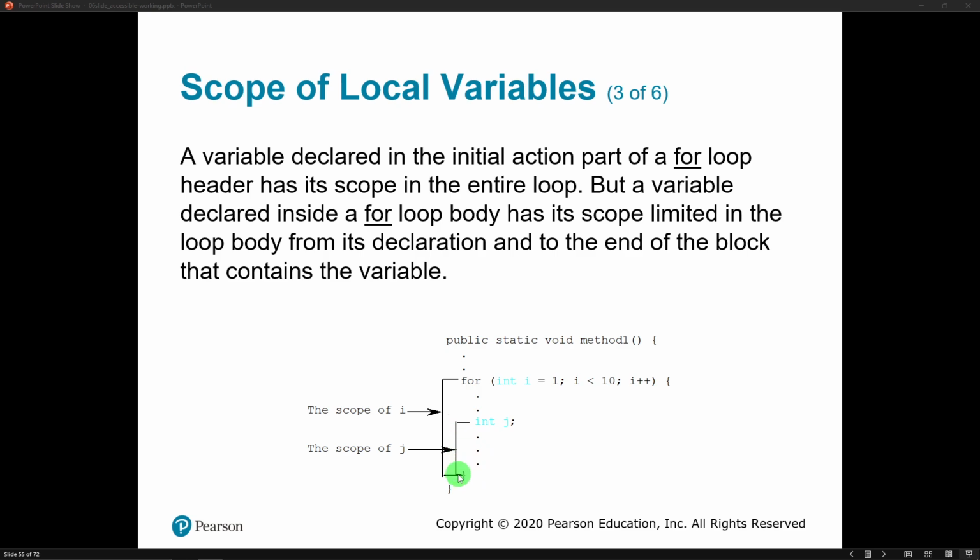So the scope of J here is smaller than the scope of I. We can use I anywhere in the for loop. We can only use J after this line until the end of the block. Okay, so the lifetime of a variable starts when it's declared and lasts till the end of the block in which it was declared.